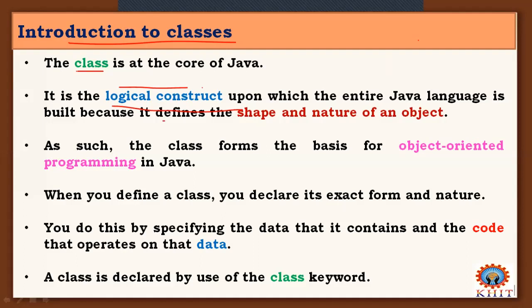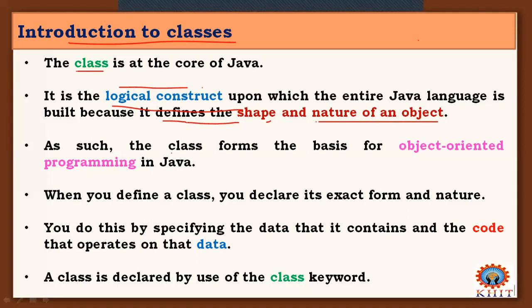And moreover, it defines the shape and nature of an object. In real time, object-oriented programming means the programming design uses object-related things. And the properties and behavior that shape the natural behavior of the object can be defined in terms of a class. As such, the class forms the basis for object-oriented programming.